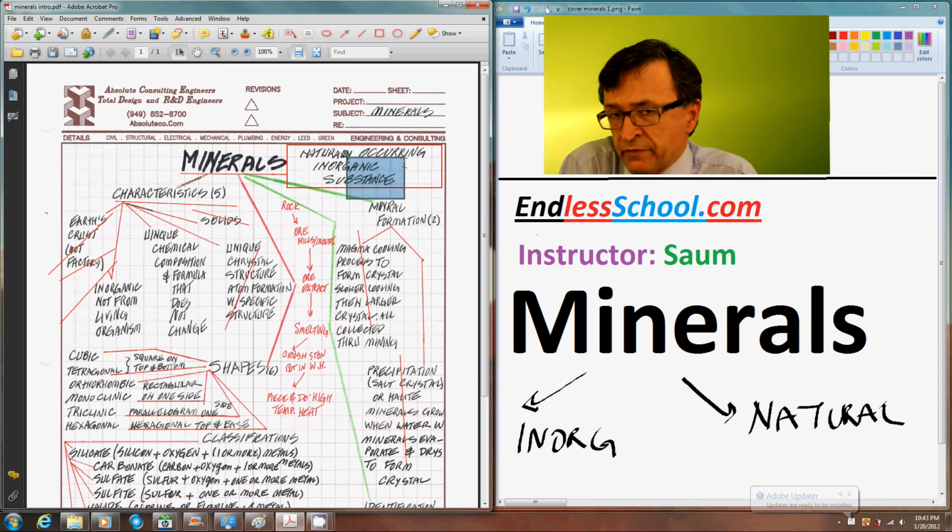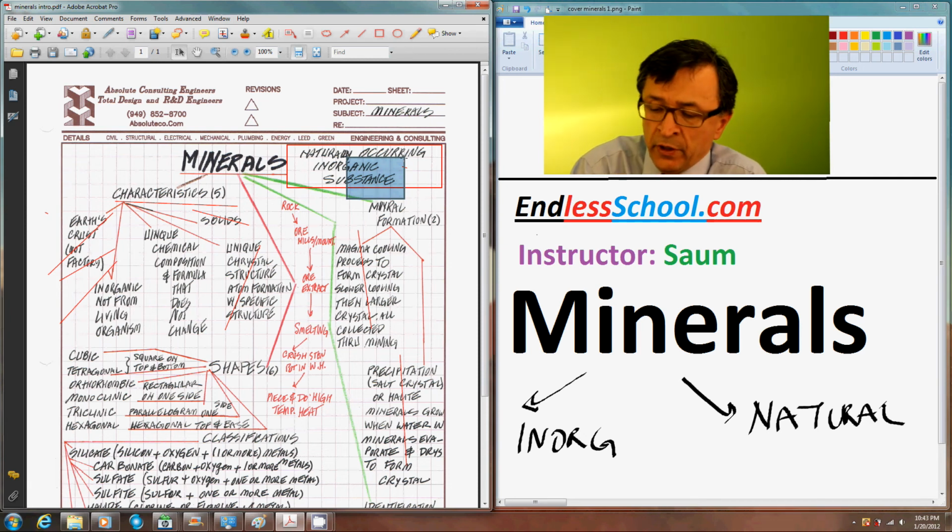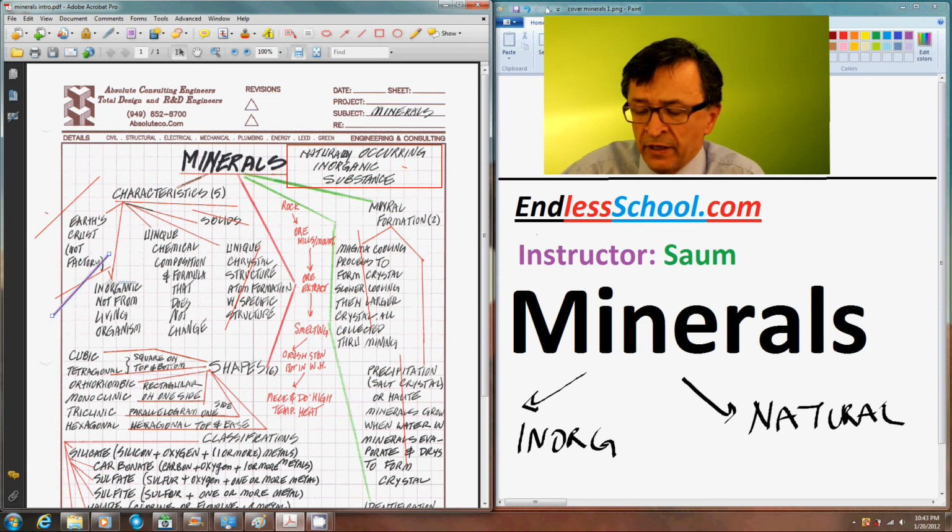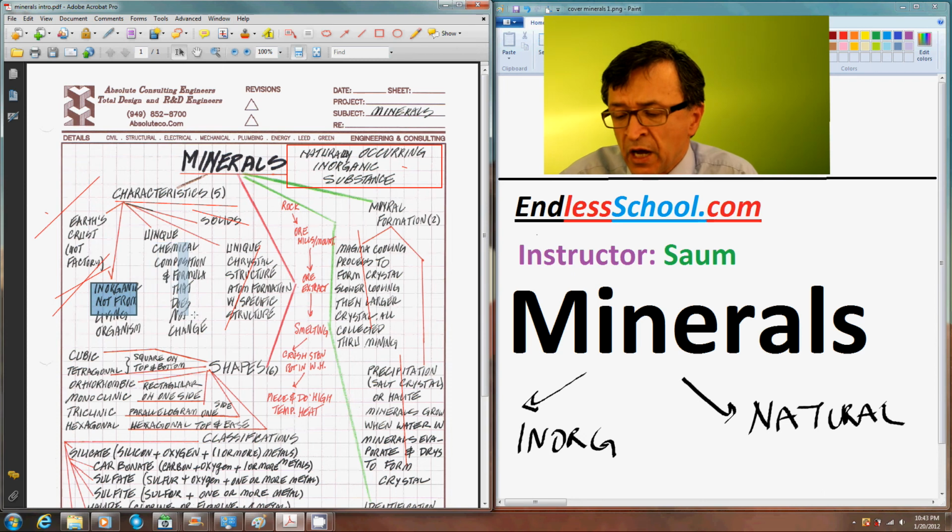The characteristics of minerals are very simple. It is not factory made. It is not from a living organism. They have a very unique composition that cannot be altered. They have a very unique atomic formation.